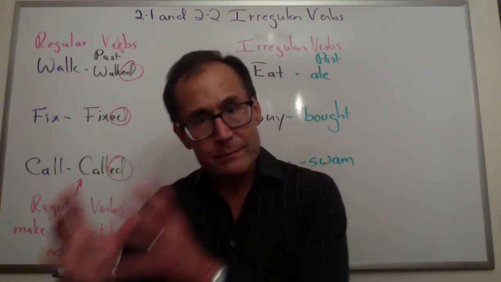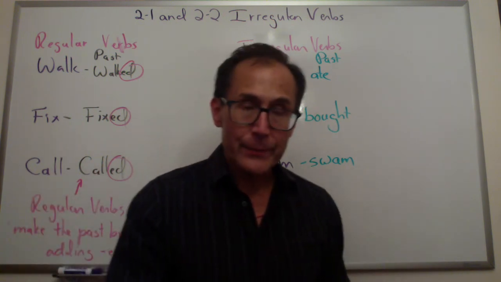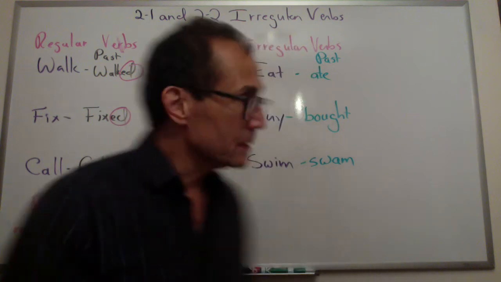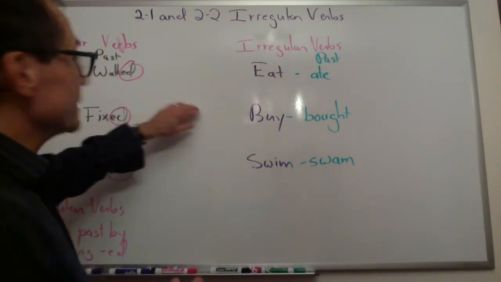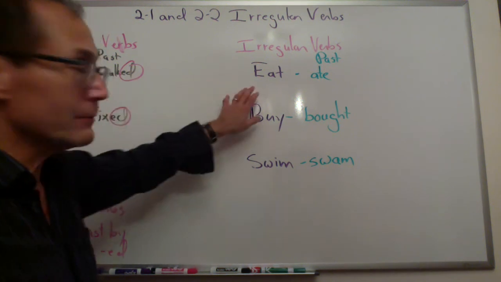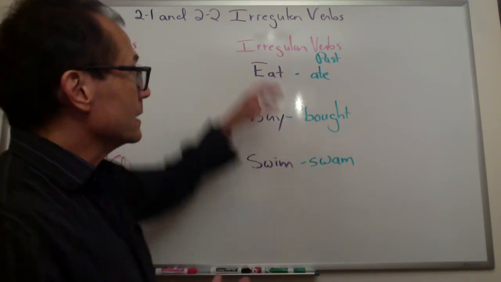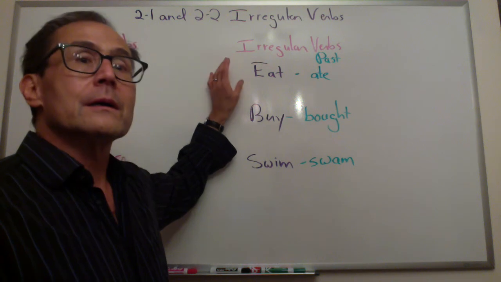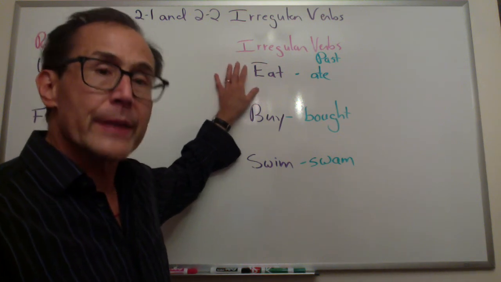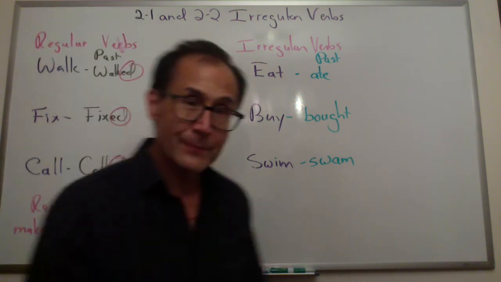I also have some more good news, bad news for you. The good news is there are more regular verbs in English than irregular verbs. There are more of these. The bad news is that the common verbs, the verbs that we use most, many of the common verbs we use are irregular verbs.